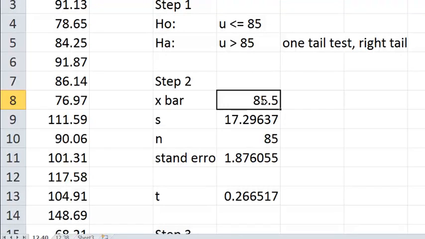Because our sample only came at 85.5. That's not that much bigger than 85. But I'm going to say Control Z, undo. Since our actual sample was 89, that really is statistically significantly bigger than 85. That's what we can say from this.